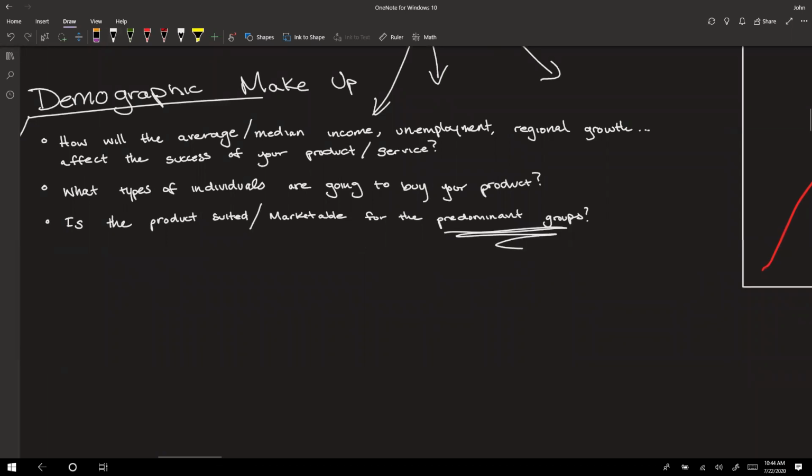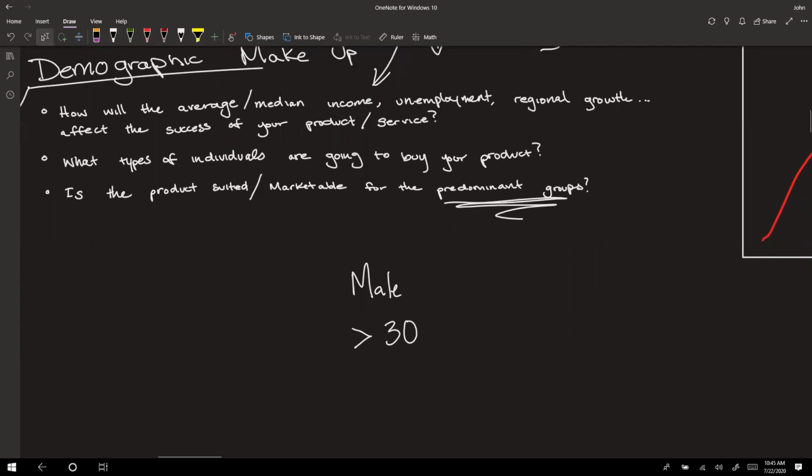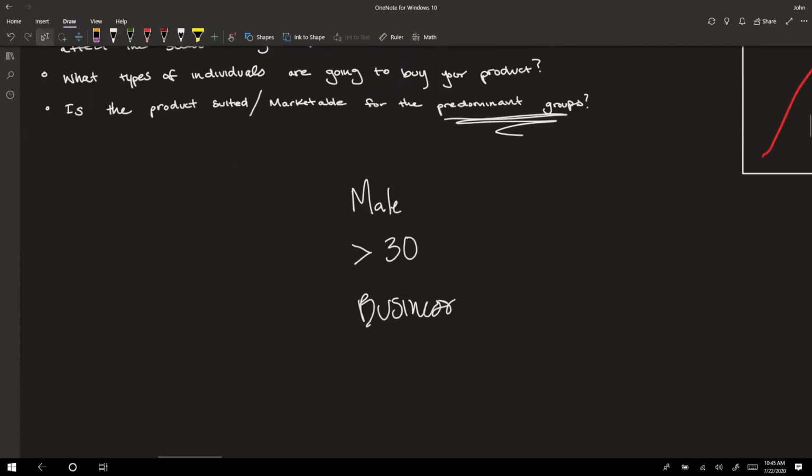So maybe the predominant groups are they're male, they're under 30 years old, and they're working as businessmen, and they live in a house that costs $200K, right?